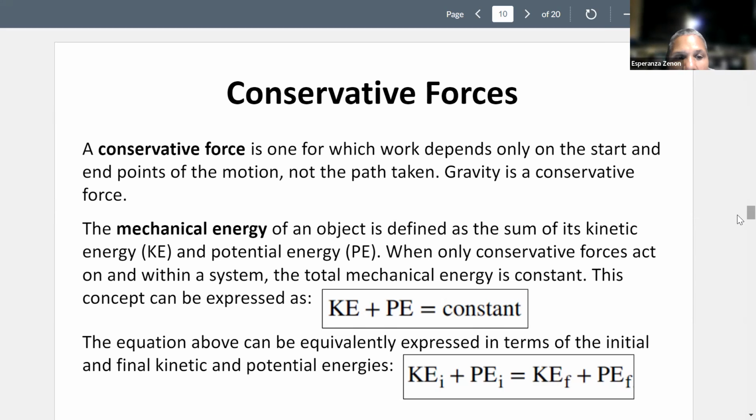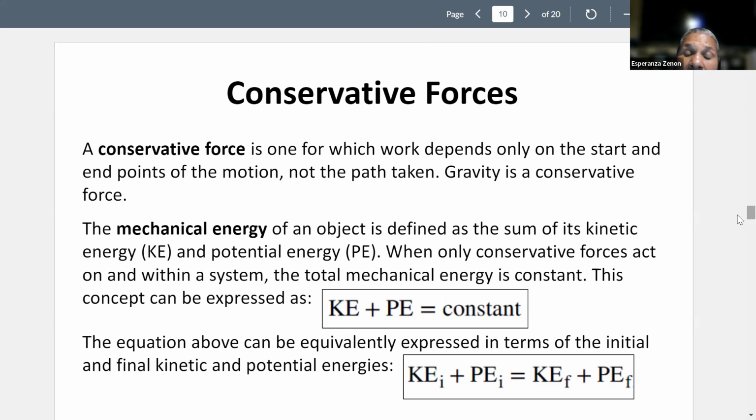And so in that situation, we know that when we're dealing with a conservative force, mechanical energy, mechanical means motion. So energy associated with motion is going to be conserved. Well, what types of energies are associated with motion? Kinetic energy and potential energy. So when you're dealing with a conservative force, mechanical energy is conserved.